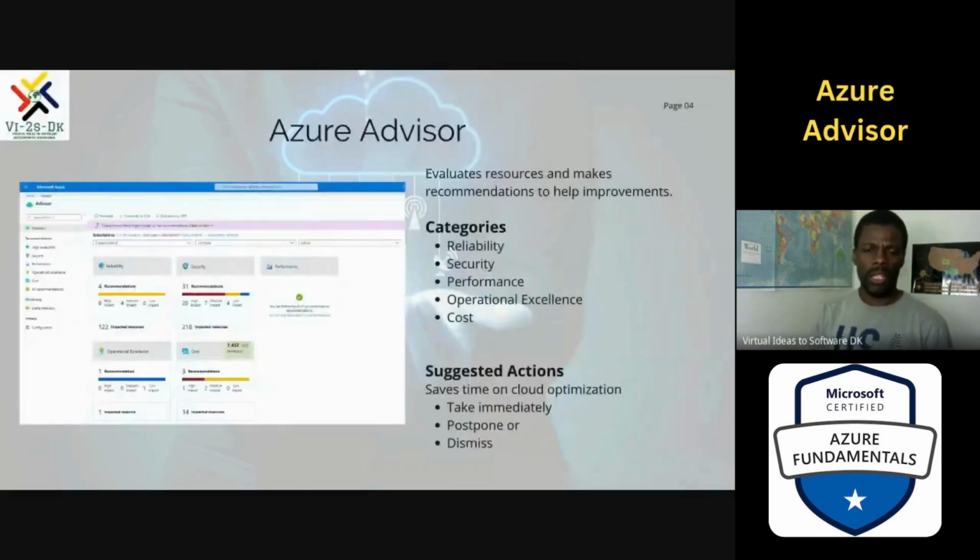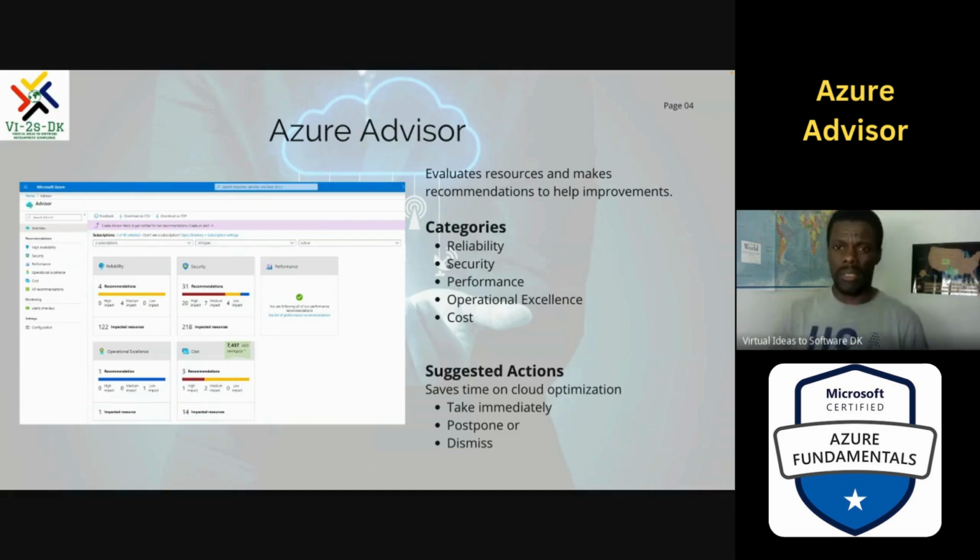So to start with, you have Azure Advisor. Azure Advisor just evaluates your resources and makes some recommendations to help you improve. So for instance, if you're deploying a virtual machine or a virtual desktop, then it might give you some hints. Maybe you need to add more space to be able to run an application. It will give you different categories of hints.